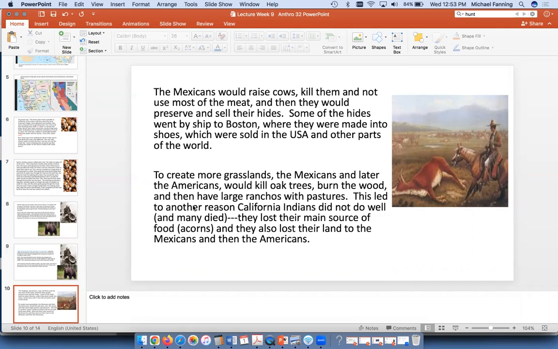And they built a series of missions, and they got the native people, or compelled the native people, to become part of their communities where they had these missions. And they started agriculture because the Indians in California generally didn't grow plants because they didn't have to, because they had the acorns. So they started growing corn and beans and so on, various things like other native peoples do in the Southwest.